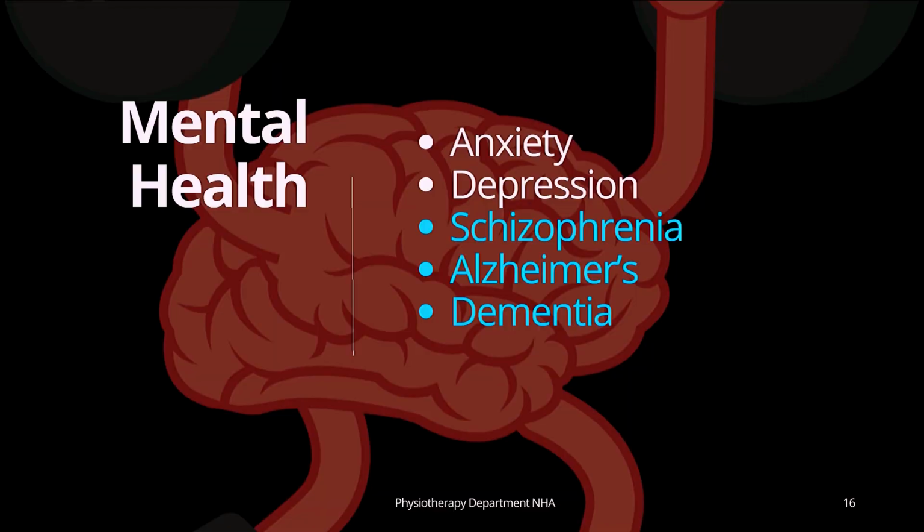So the next specialty, well, it's still under the same specialty, neurology and mental health. Numerous researches have shown that exercises tailored to the person's individuality, to the person's condition, to the person's state of mind, to the person's social and psychological status can help relieve things such as stress, and can help relieve and manage symptoms of anxiety and depression. Now you'll notice the three that are in blue.